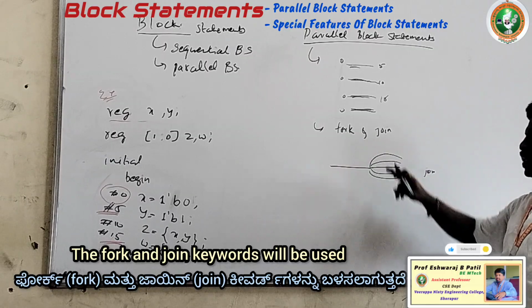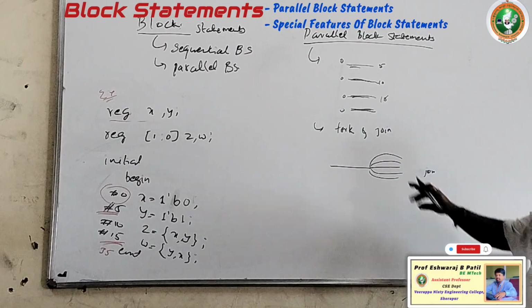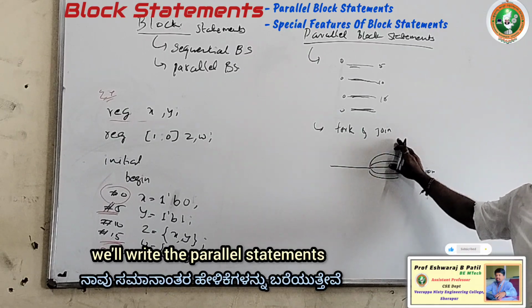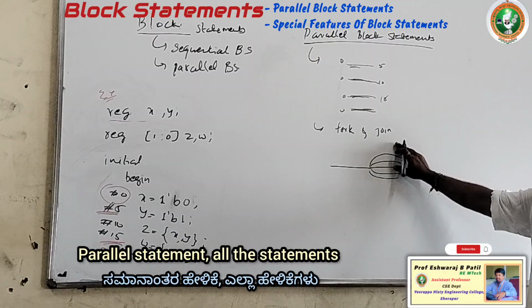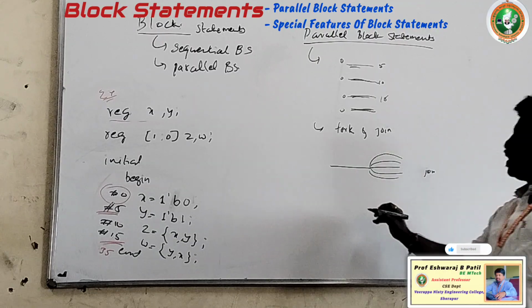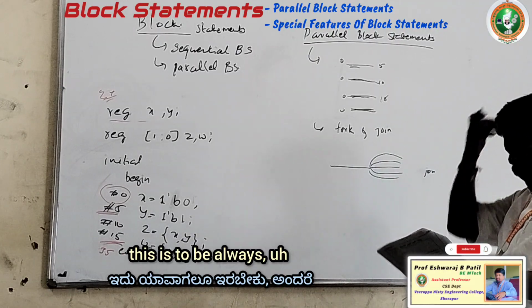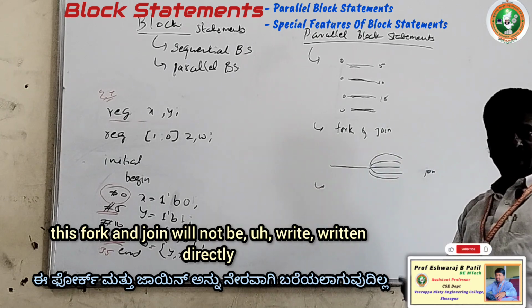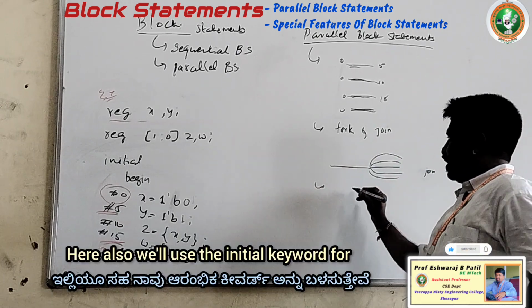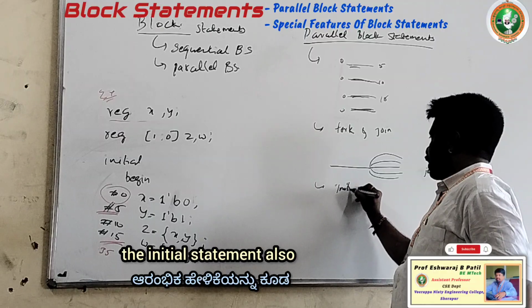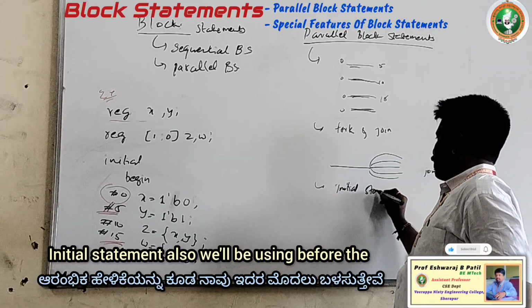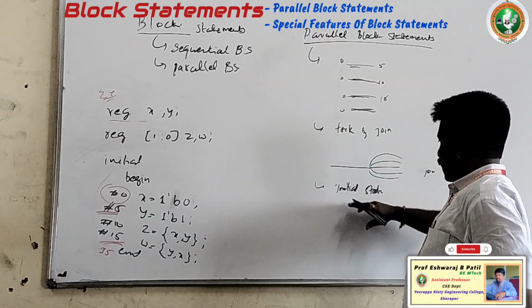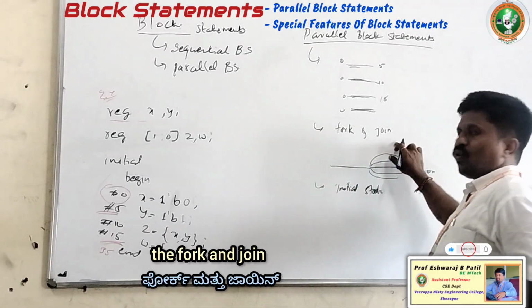Within this fork and join only, we will write the parallel statements, all the statements. This fork and join will not be written directly. We will also use the initial keyword for the initial statement. Under the initial statement only we will write the fork and join.